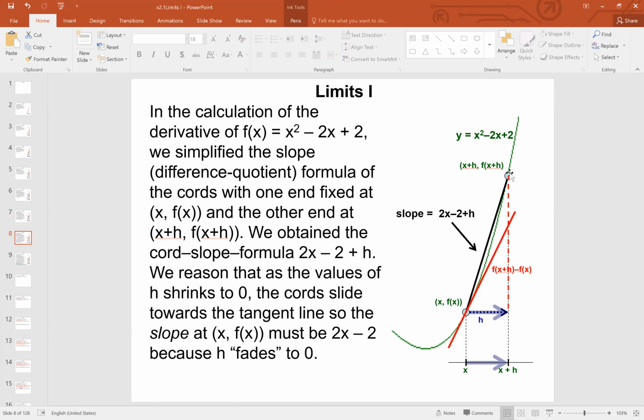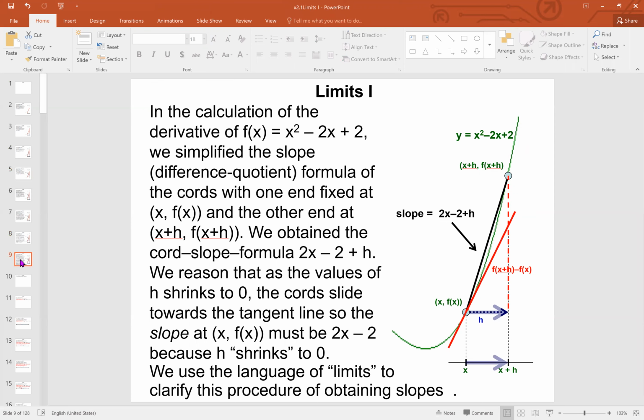As it goes on, the black line begins to turn into the tangent line. In fact, that's what we define the slope of the tangent line to be: what happens in this formula when h shrinks to zero.